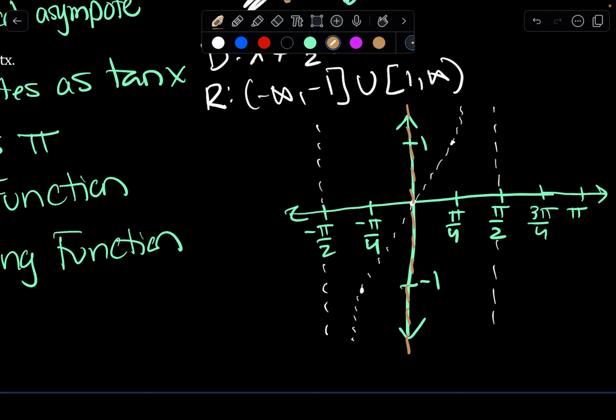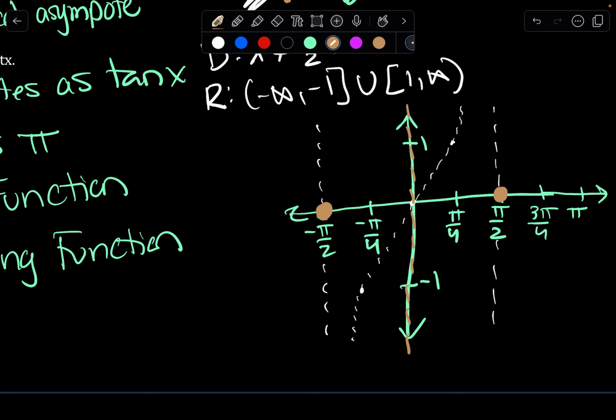All right, so also because tangent has a vertical asymptote here and it has one here, that means cotangent will pass through the x-axis there. So now for the first time, we're using the opposite relationship.